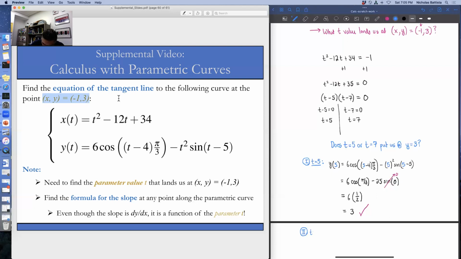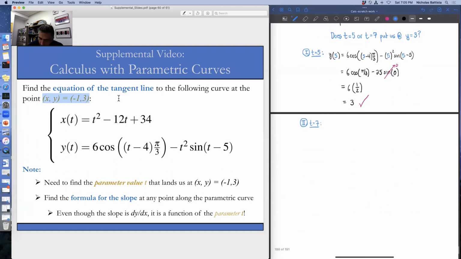So in this case, we'll try that other t value into our y coordinate as well, just plugging in t is 7.